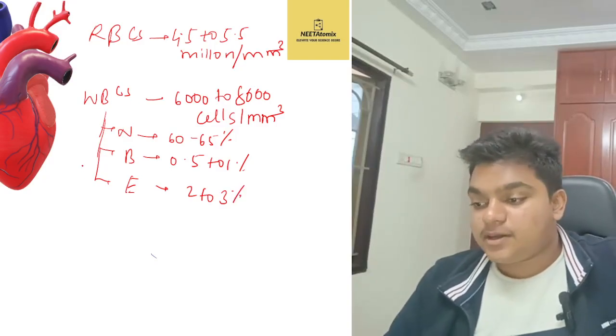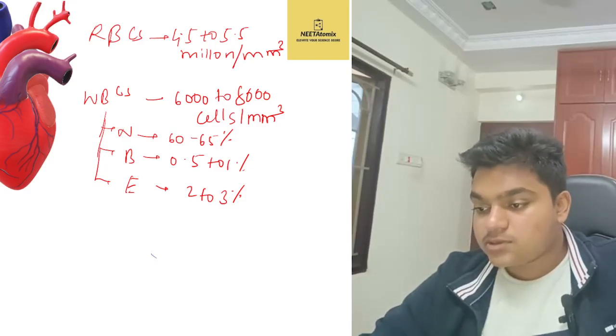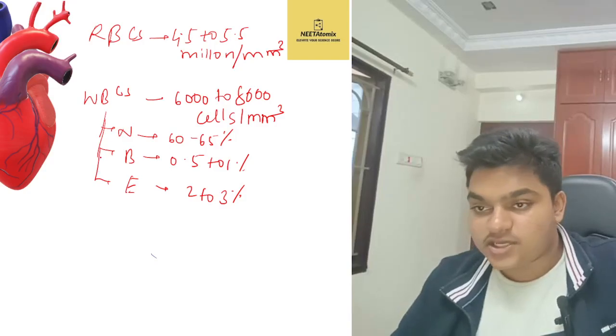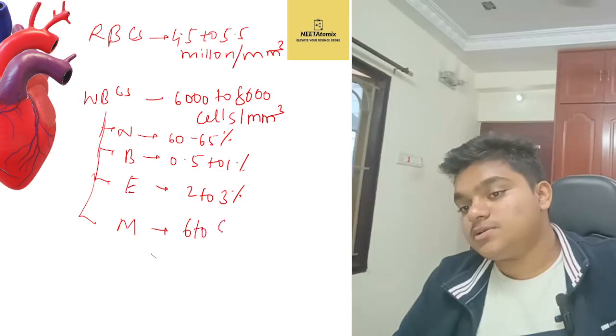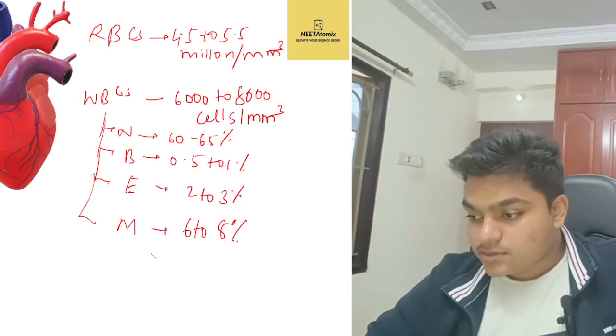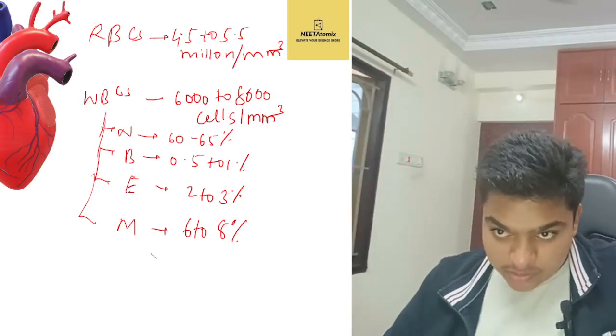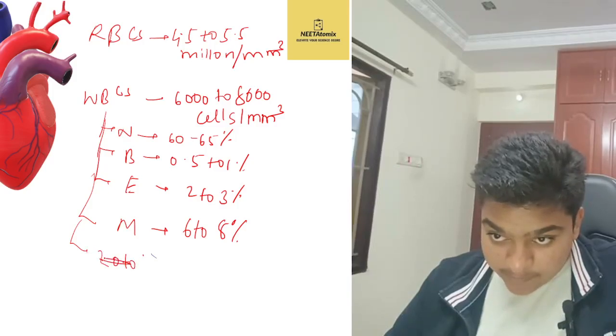I forgot to tell you about the monocytes and lymphocytes. Monocytes accommodate 6 to 8%. Next, lymphocytes accommodate 20 to 25%.